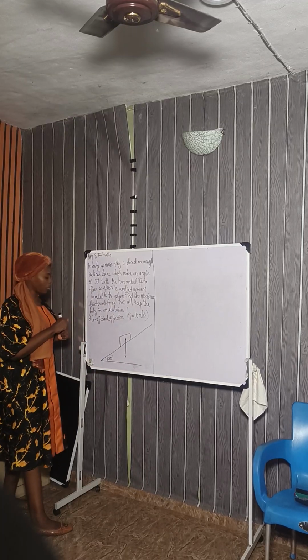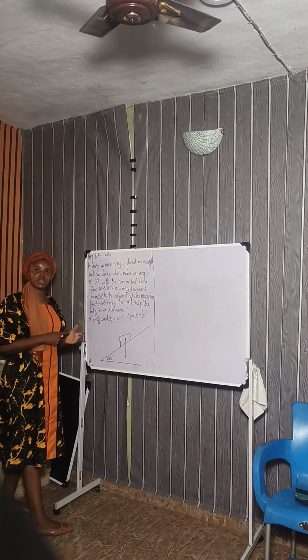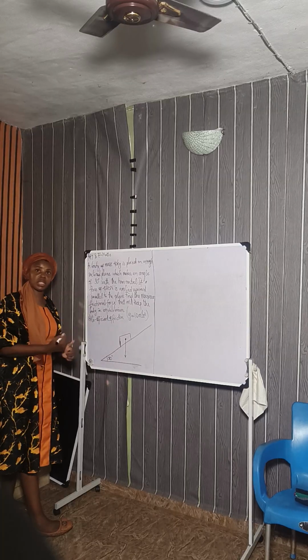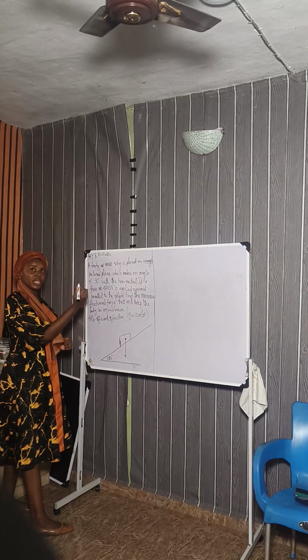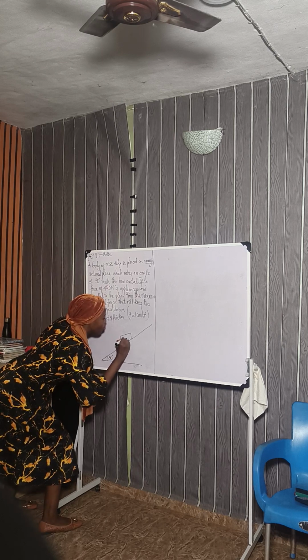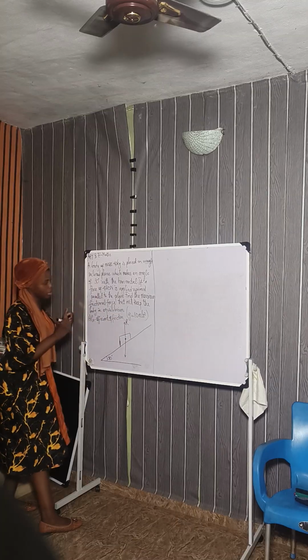And you and I know that Newton's third law of motion says that for every action there is an equal and opposite reaction. So for the weight to be acting downwards, there must be an upward force that is equal but in opposite direction. So this is that upward force, and we call it R, which is the normal reaction.